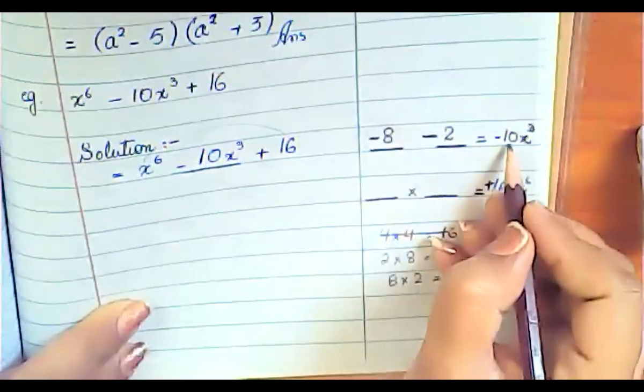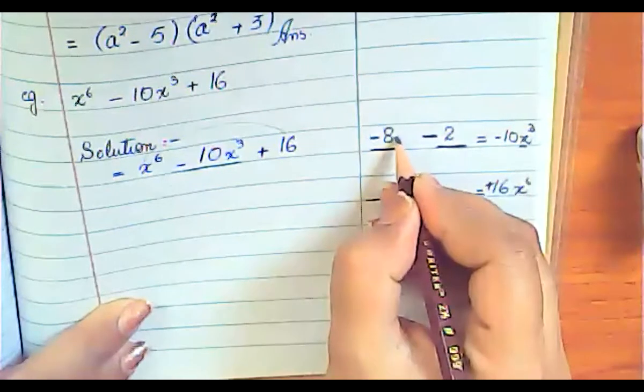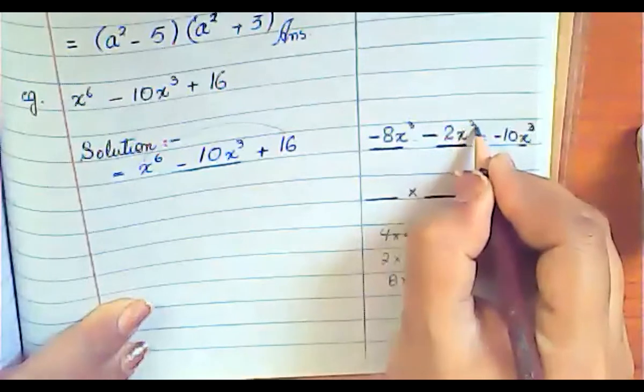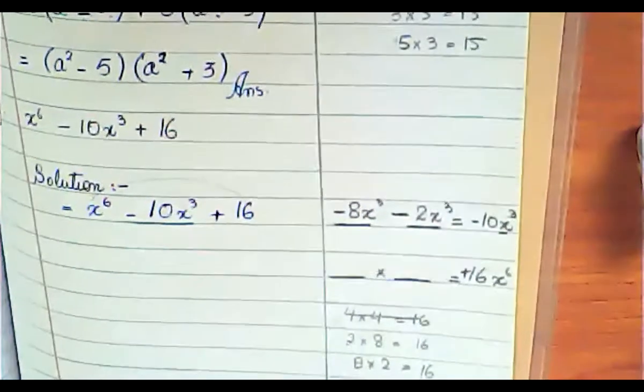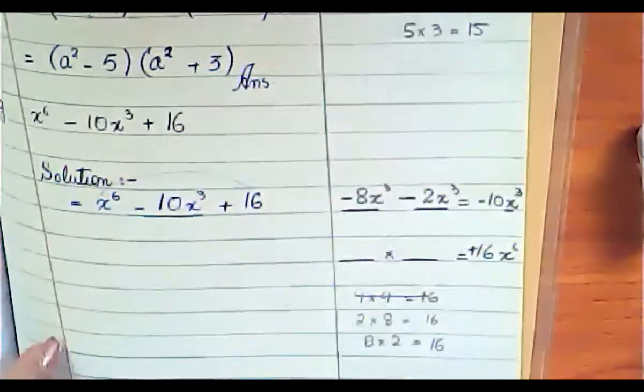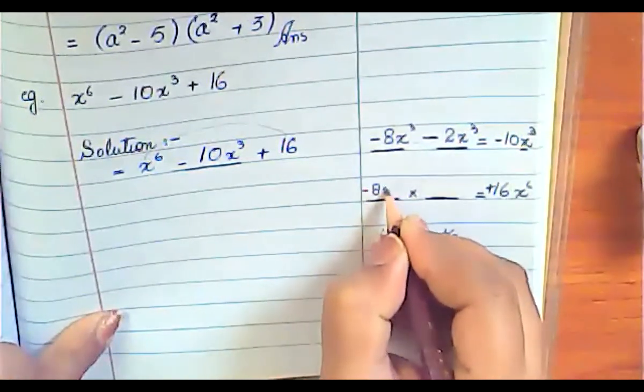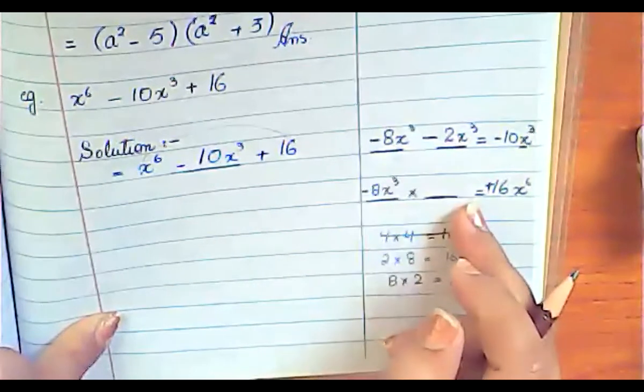Right? Now, next the symbol is x cube. So we will take minus 8x cube and minus 2x cube. Understand? Now, we are going to cross check it here.